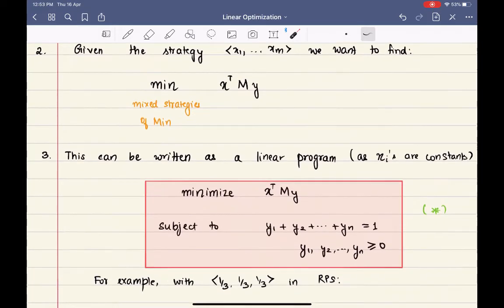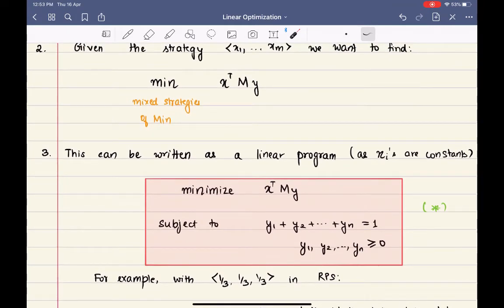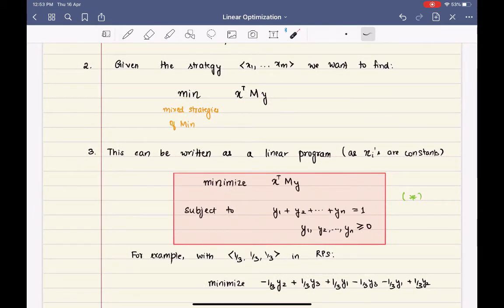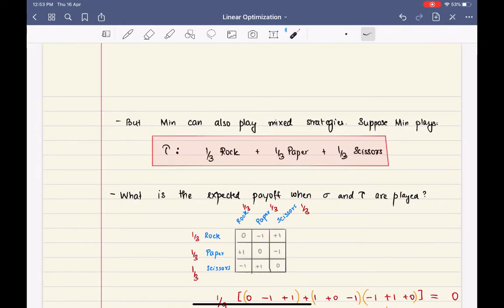For example, if you look at the rock paper scissors game with x being 1/3, 1/3, 1/3, we want to minimize the payoff. So let me show you the picture. Here, instead of 1/3, we should have y1, y2, y3. What is the payoff? This will be 1/3 y1 times 0, minus 1/3 y2 times 1, plus 1/3 y3 times 1, and so on.